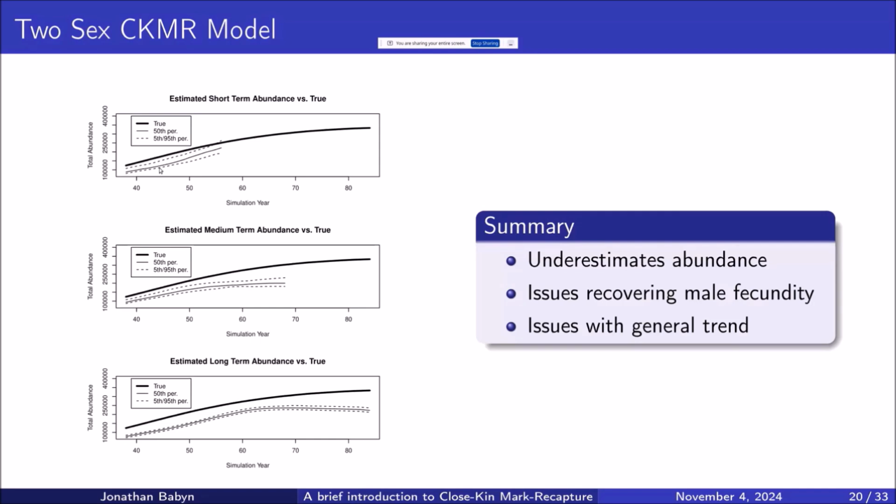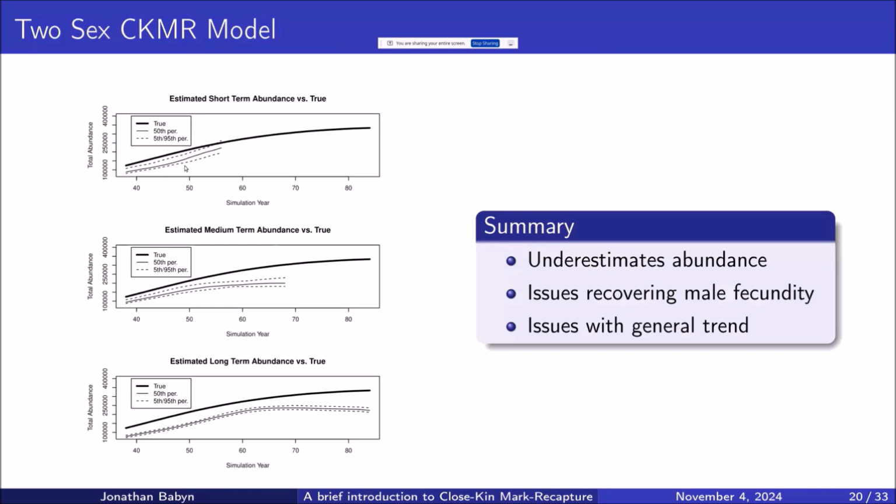So the thick black line in these three plots, from the short term, the medium term, and the long term, is the actual true simulated population. And then the smaller black line and the dashed lines are the estimates from the model fits.